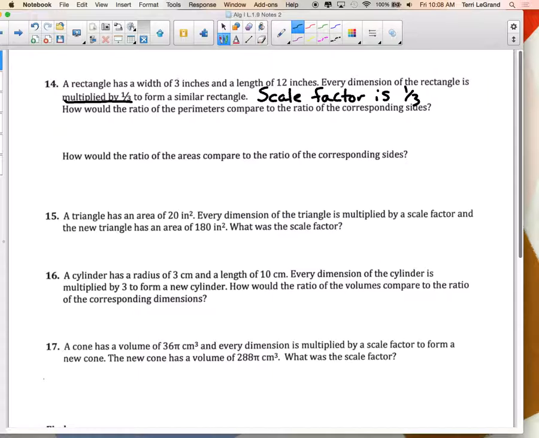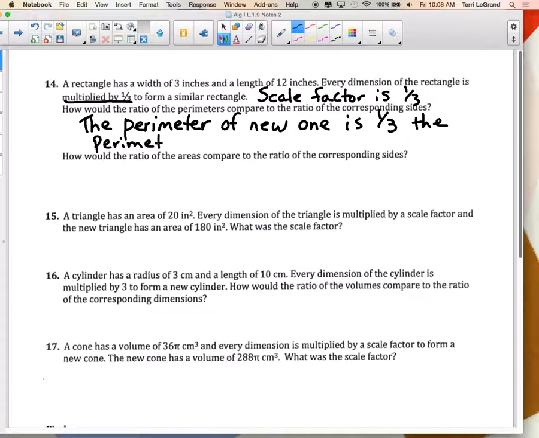It would be 1/3 the original perimeter, wouldn't it? So we're going to say the perimeter of the new one is 1/3 the perimeter of the original.